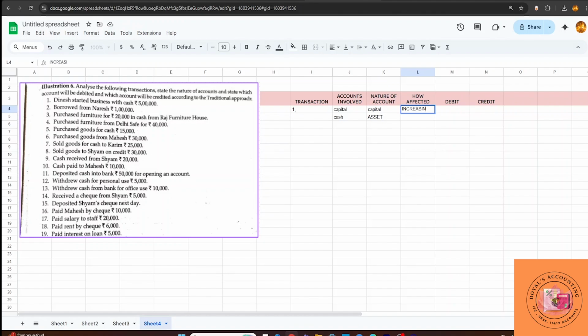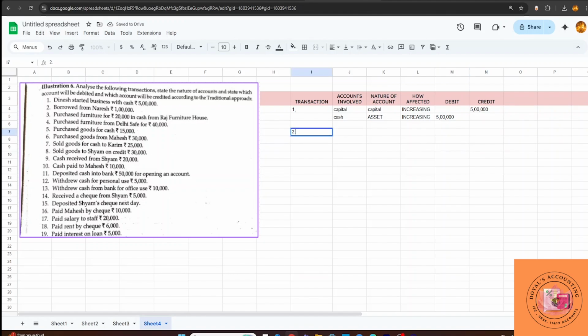Capital is increasing because we are newly injecting capital into the business, and also cash is increasing. What will we debit? Remember, assets have a debit opening balance, and here cash is increasing. So an increase will be debited. We will debit cash 5 lakhs. And here we will credit capital 5 lakhs.